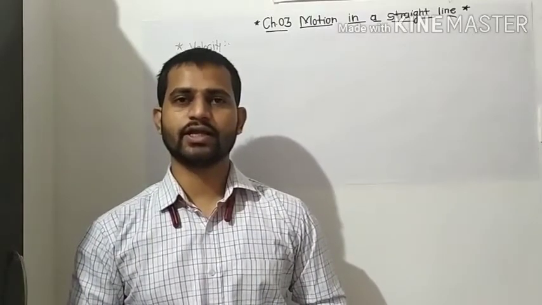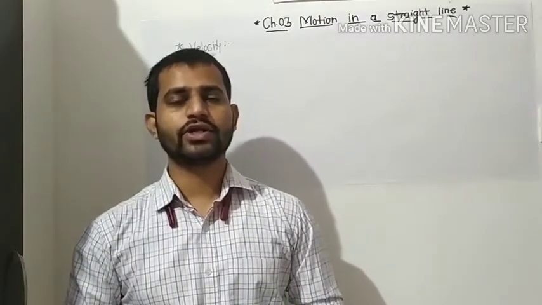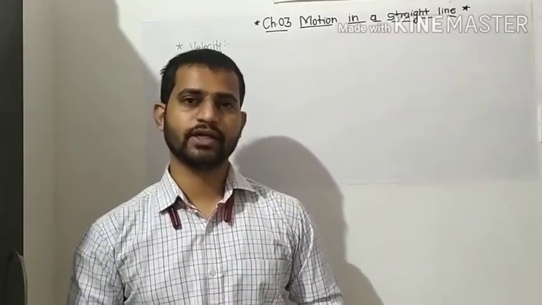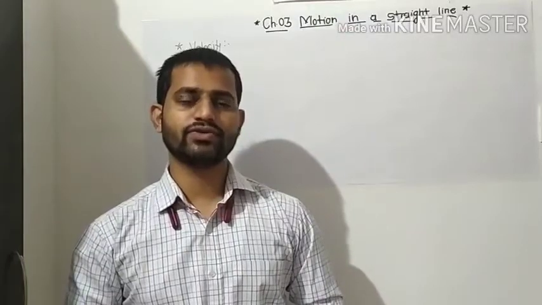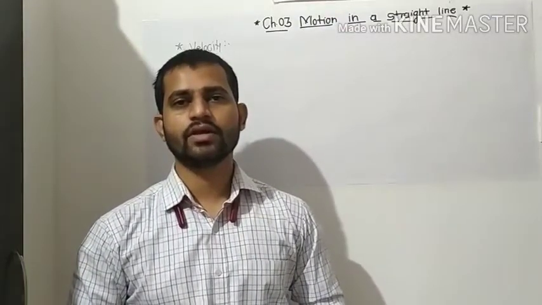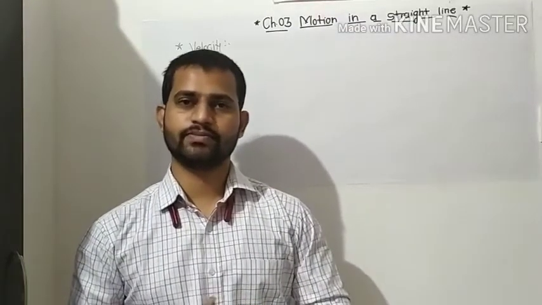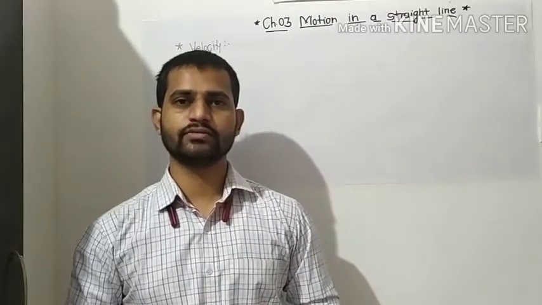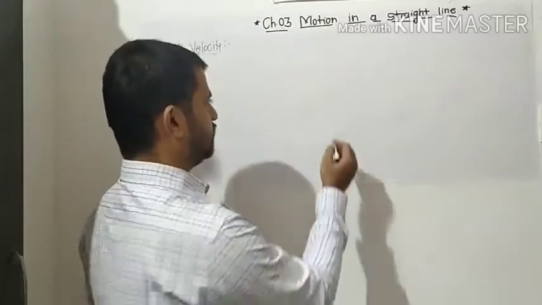If we know the initial position minus the final position, it is the displacement. So in that case we have to go for the displacement. So how can we know about velocity? Suppose here is one object.